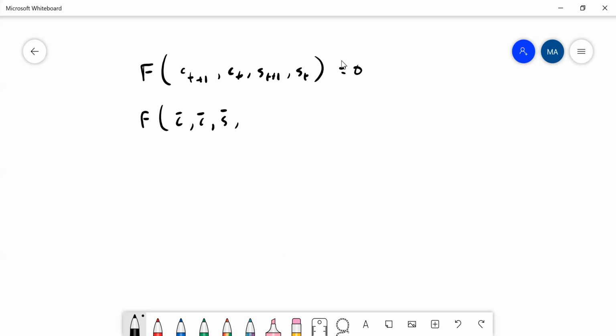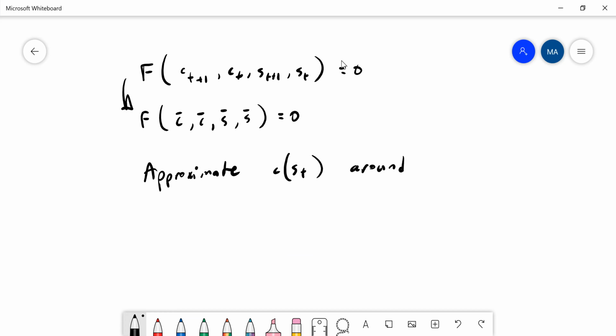All right. So obviously you're going to use these functions to find the steady state. Then you want to approximate c(s t) around s bar. All right. So that's the main idea of the perturbation method.